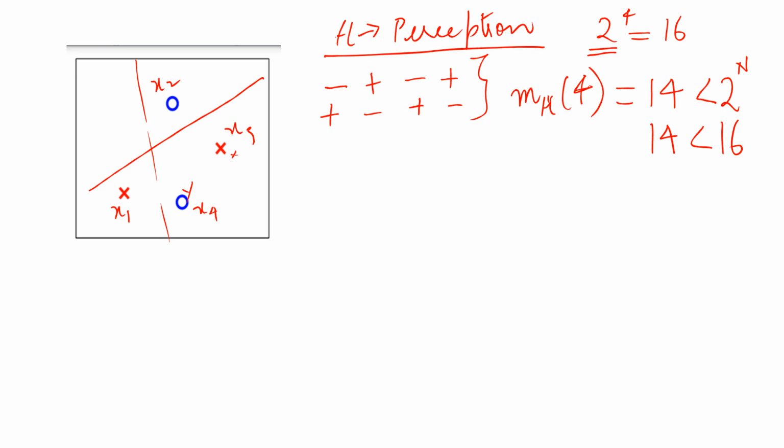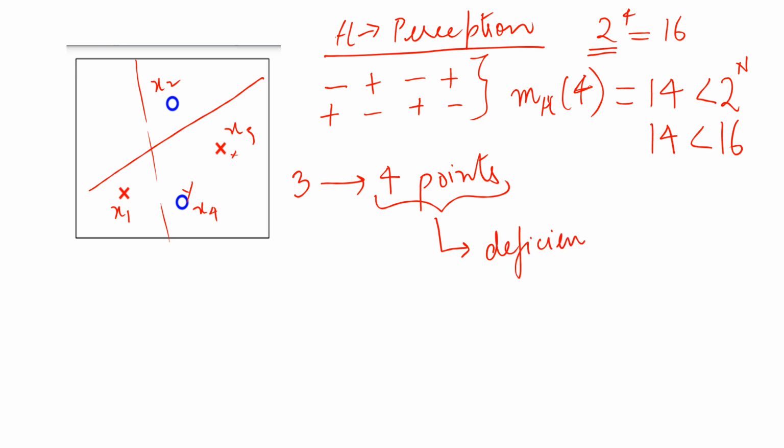Which means the moment we increased n, so we moved from 3 to 4 points here, that increase in the number of points revealed a deficiency. I'd like to use that term because it revealed that the effective complexity is not as bad.